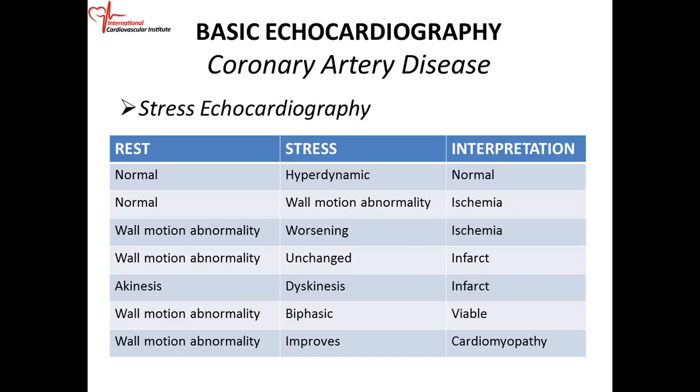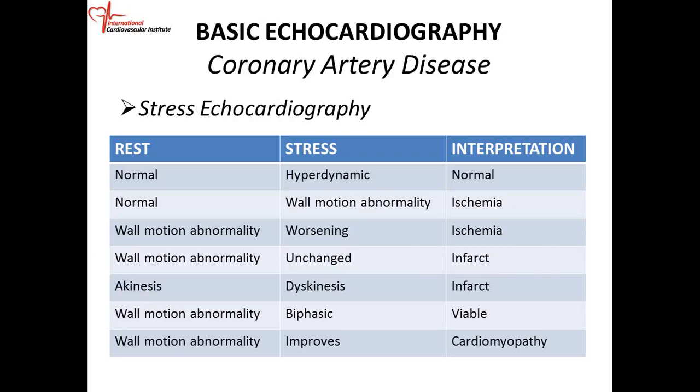Dobutamine is probably the most common chemical stress echo. You have other things such as adenosine and stuff, but it's not commonly done. The dobutamine is the more common chemical stress echo. When we do our dobutamine stress echo, we do the same thing.